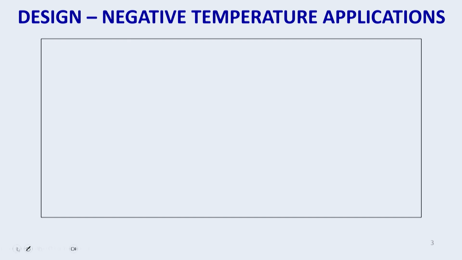Let me show this. The process is like this. First is T1 to T2: T1 is the initial temperature of the product, and T2 is the temperature after pre-cooling.